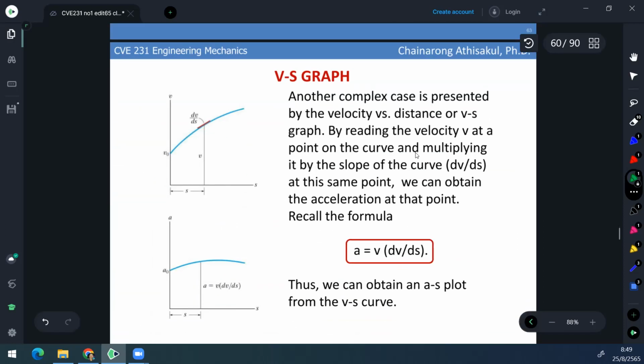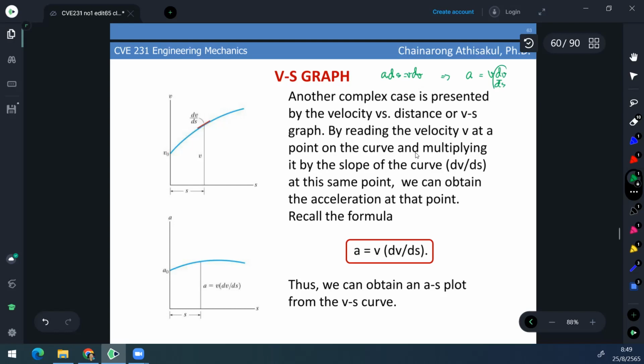In the same manner, if we know the v-s graph instead, we use the same relationship. We know that a ds equals v dv. From this equation, we rearrange to be a equals v dv by ds.